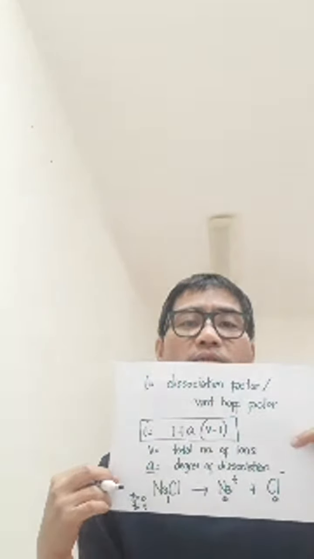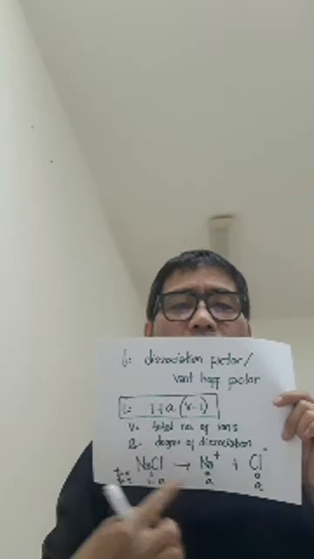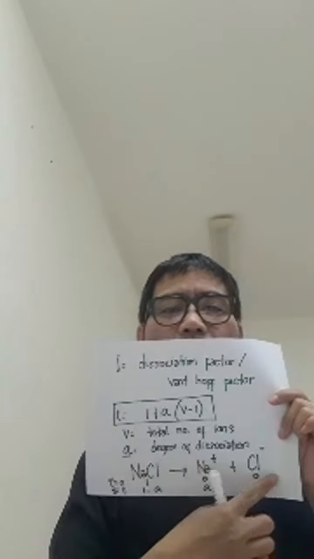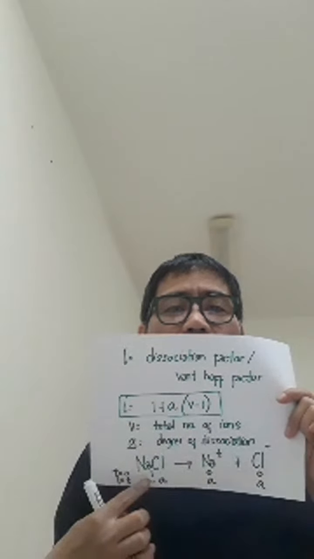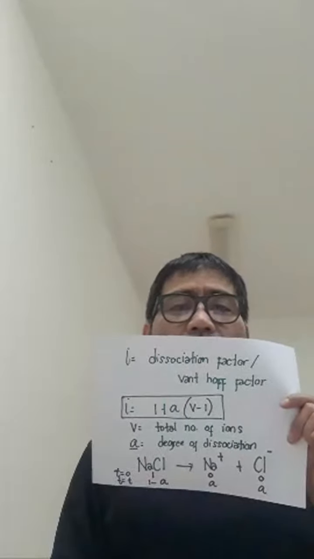1 minus, like this. We let the degree of dissociation at time t be alpha. So after dissociation, we now have 1 minus alpha, and then alpha, and alpha. So this 1, 0, 0 is before dissociation, and this 1 minus alpha, alpha, alpha is after dissociation, and alpha is the degree of dissociation.